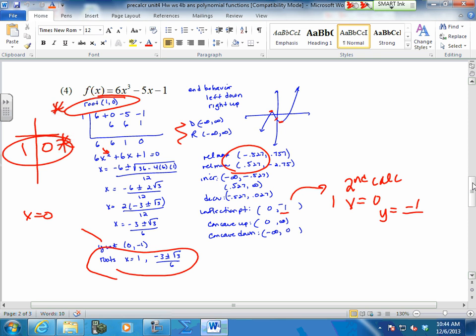You need this one only because I want the inflection point. But your concavity is based on your x value. So your concave down is coming from -infinity, stopping at the 0. Your concave up starts at 0 to infinity. Remember your increase, decrease, and your concavities work off your x values.